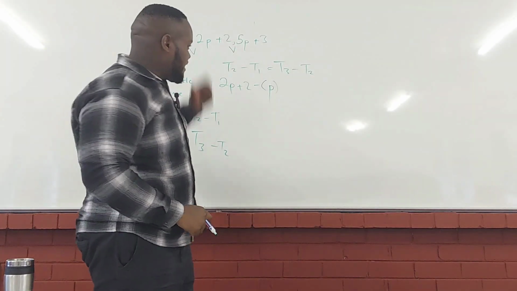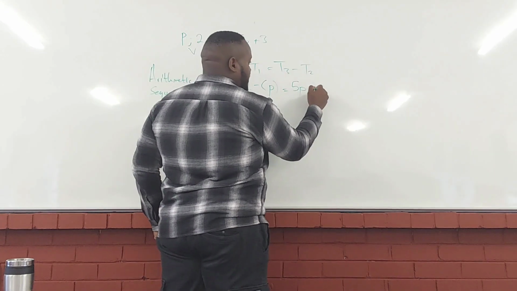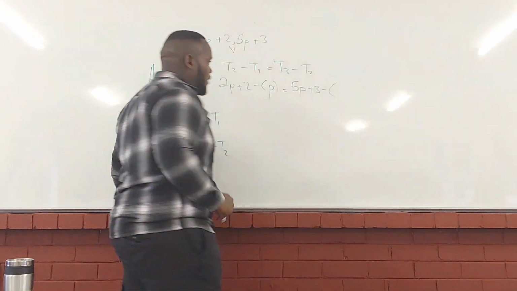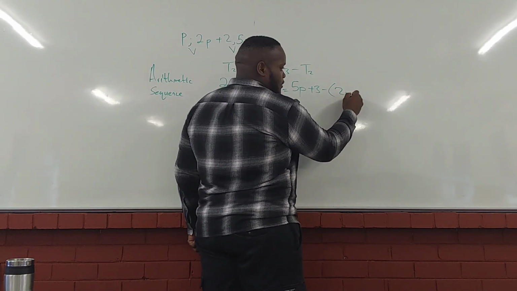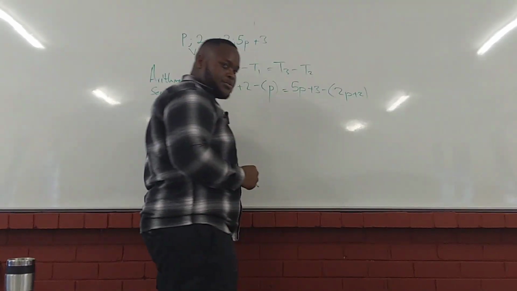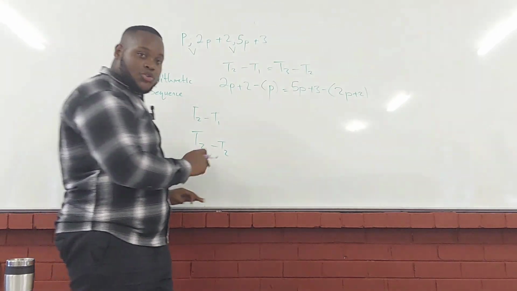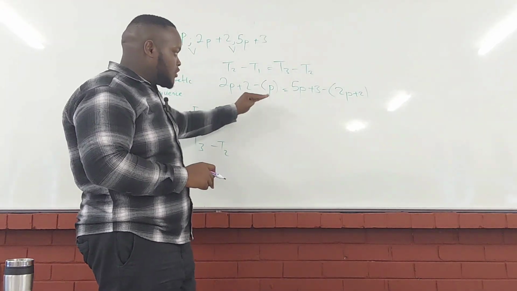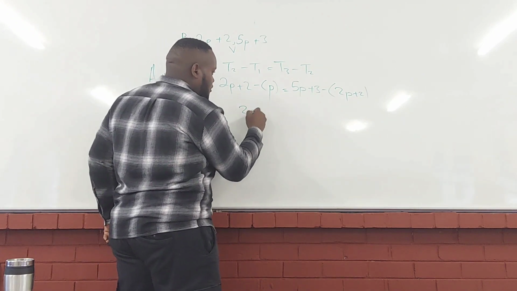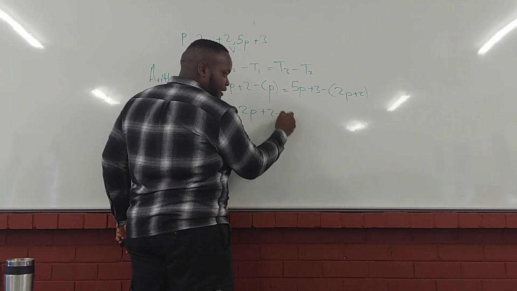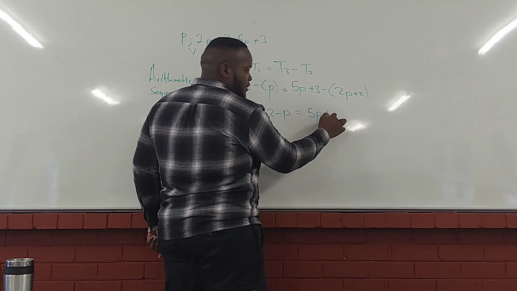What is the third term? The third term is 5p plus 3 minus, what is the second term? It is going to be 2p plus 2. So now it takes us back to algebra, whereby we are solving for p. So I'll have 2p plus 2 minus p, which is equal to 5p plus 3.